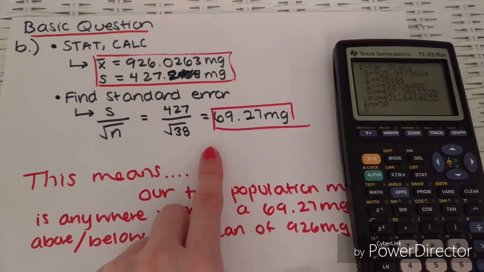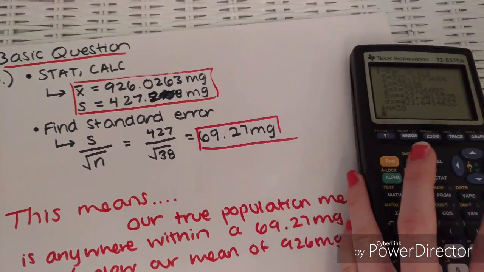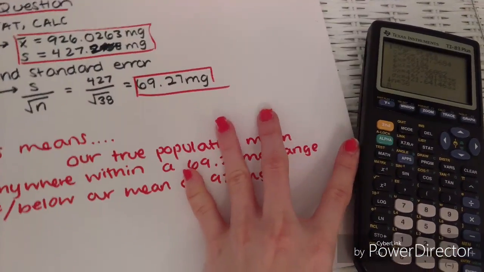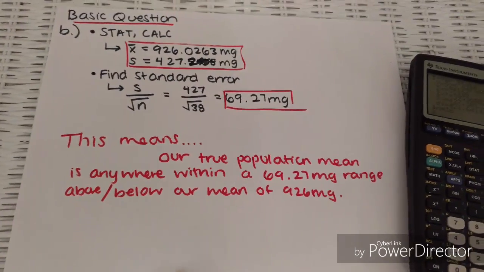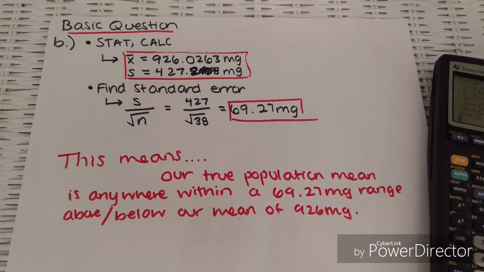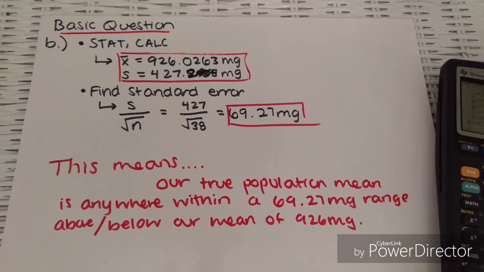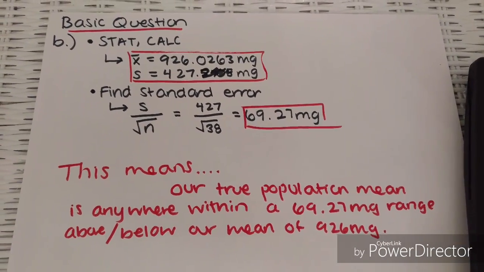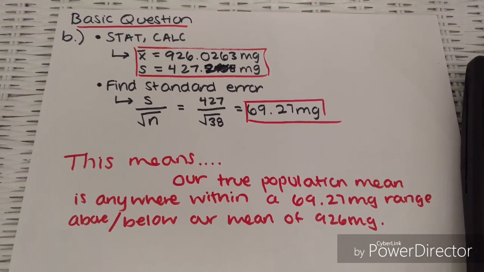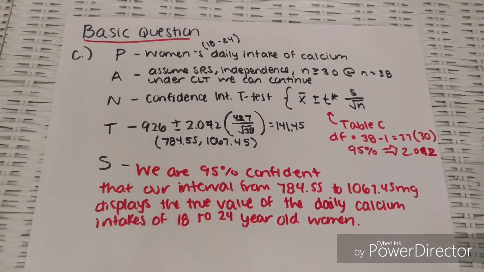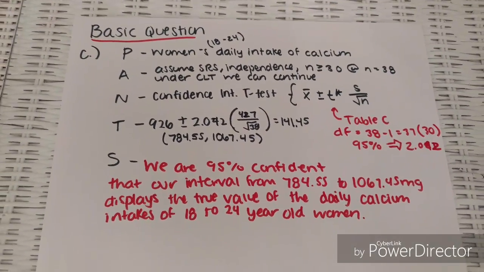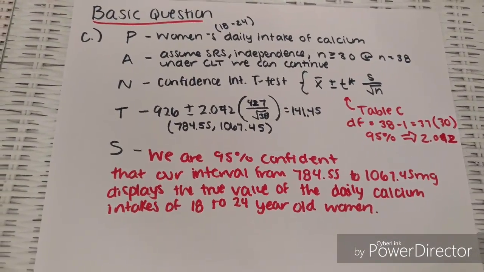That gives us 69.27 milligrams. This means that our true population mean is anywhere within a 69.27 milligram range above or below our mean of 926 milligrams.